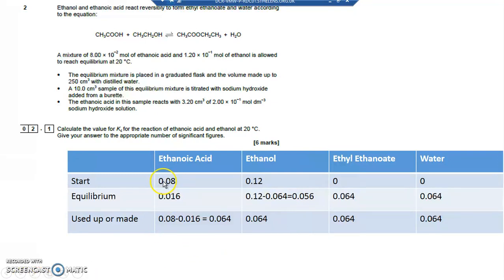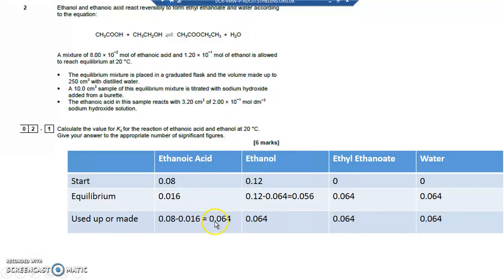Now then, if I started with 0.08 moles of ethanoic acid and I've worked out that in the equilibrium mixture is 0.016, by subtraction I can work out how much ethanoic acid has been used up. So 0.08 take away 0.016, I've used up 0.064 moles of ethanoic acid. So 1 mole of ethanoic acid reacts with 1 mole of ethanol to make 1 mole of ethyl ethanoate and 1 mole of water.